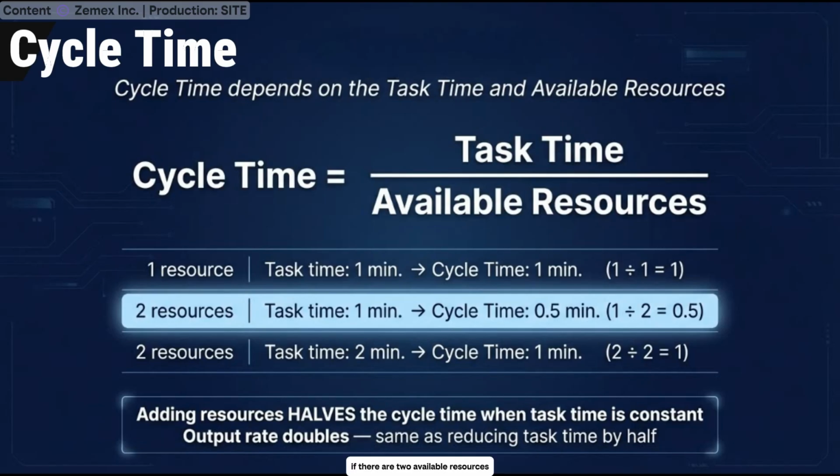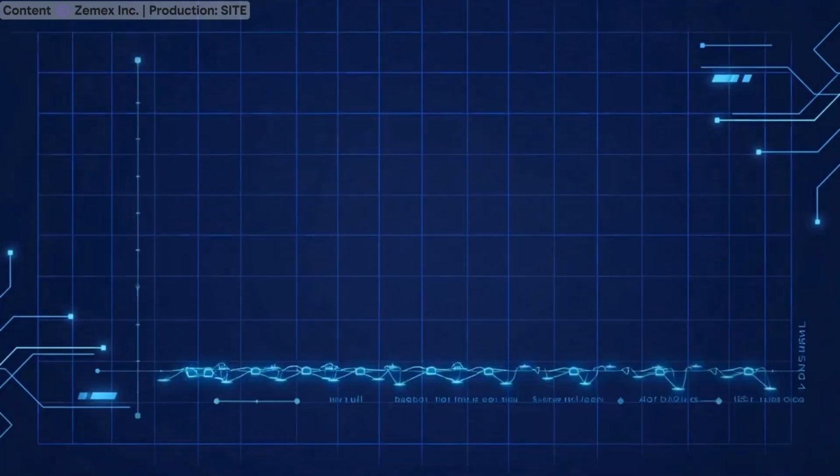If there are 2 available resources, like 2 workers under the same condition, every 1 minute you will get 2 outputs. The meaning of this is that you will be able to produce 2 units of output every 1 minute. Therefore, mathematically, the cycle time is 0.5 minutes per unit because it is 1 minute for 2 units.